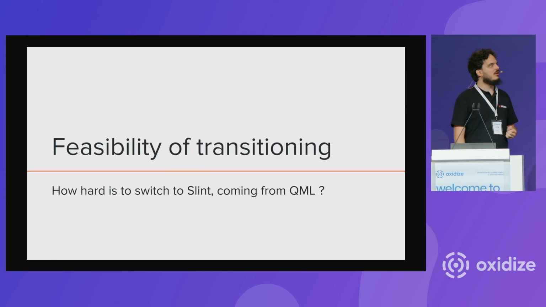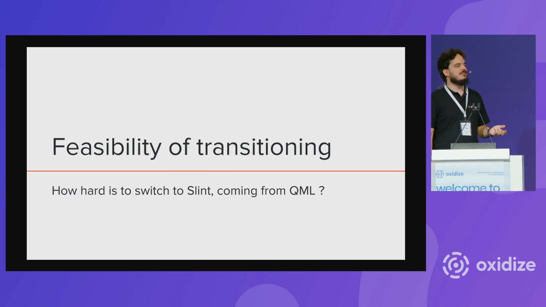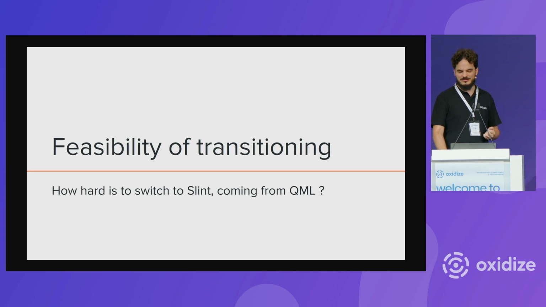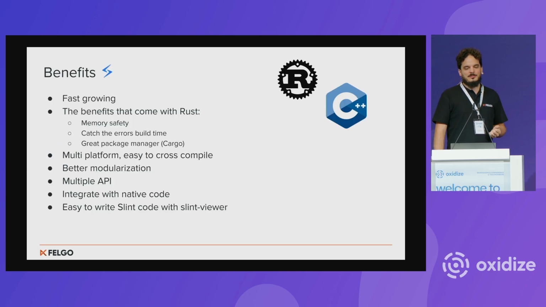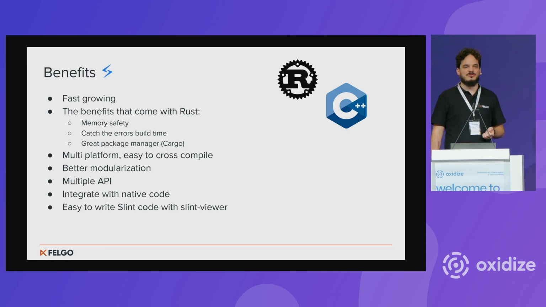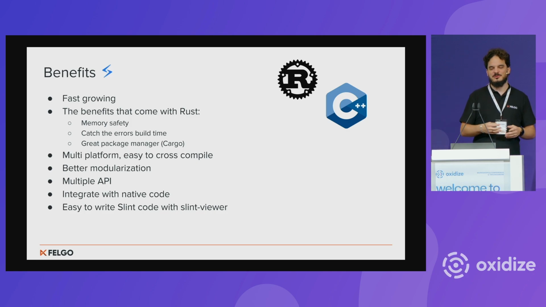So, how hard is switching to Slint coming from QML, and what are the benefits, or pitfalls and challenges? The benefits are that Slint is fast growing. You see new features and new releases monthly or every two months from what I have shown.